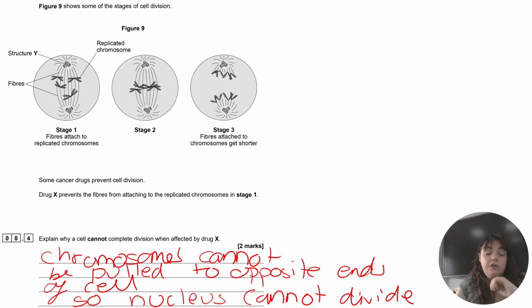You could say 2 genetically identical cells cannot be formed. That's it. If you've mentioned cytokinesis can't happen, no. If you've said the cell cannot divide, you can't get the mark, because it's already told you that the cell can't divide, so you need to tell me why. Well, it's because the nucleus isn't able to divide.